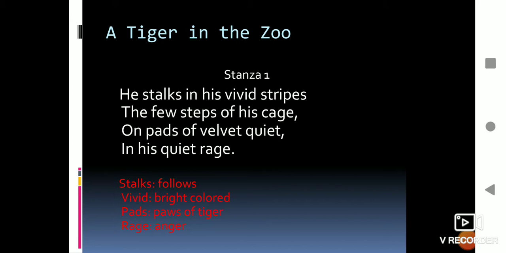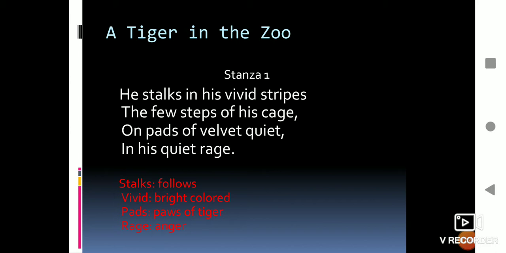And rage means anger. So here in the first stanza, what the poet is trying to say is that the tiger is confined in the zoo, and when he's confined in the zoo, he's moving around in the cage. Vivid stripes means bright colored skin.